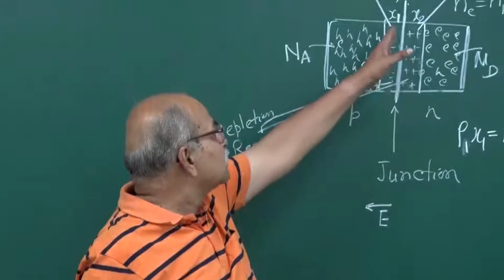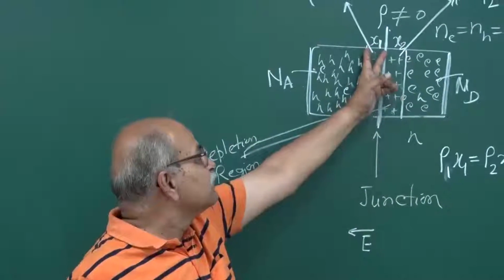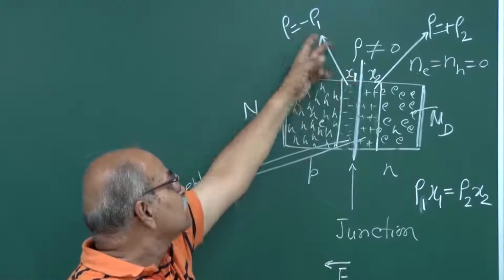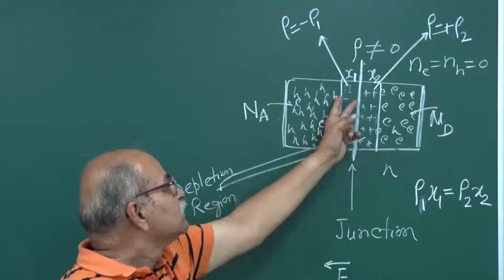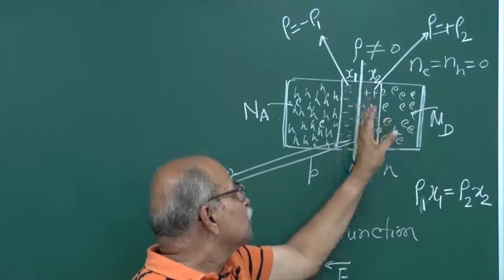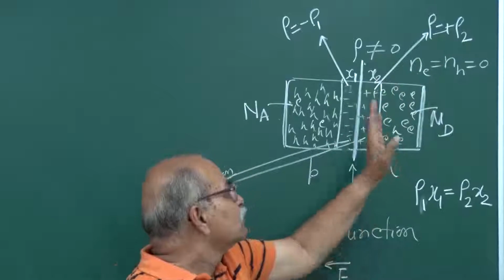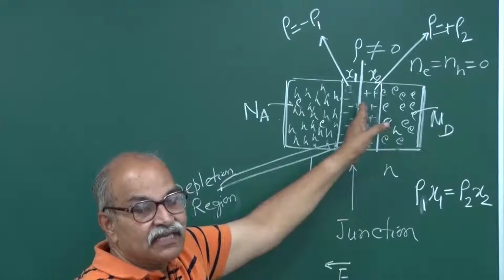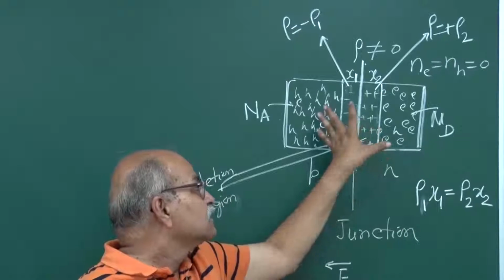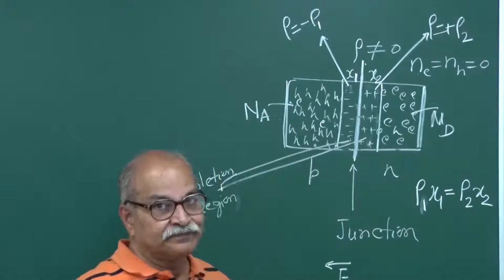So that surface area times x1 will be the volume, volume times charge density rho 1 will be the negative charge, and similarly this area times x2 is the volume multiplied by rho 2, that will be the positive charge, and they should be equal in magnitude and opposite in sign, so that the total is 0.